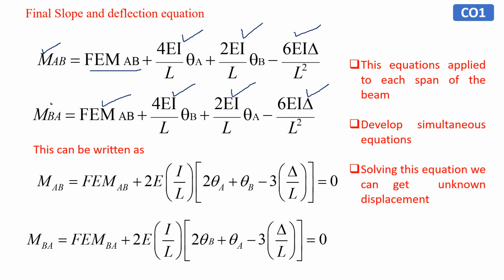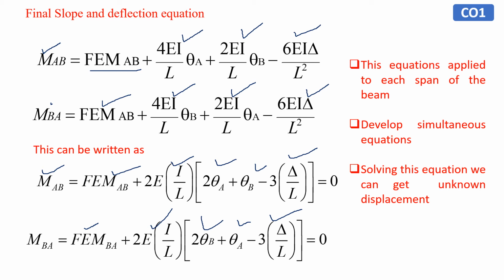So this can be written as MAB is equal to FEM AB plus 2EI by L times (2 theta A plus theta B minus 3 delta by L). MBA is FEM BA plus 2EI by L times (2 theta B plus theta A minus 3 delta by L), and solving these equations we can get the final moments.